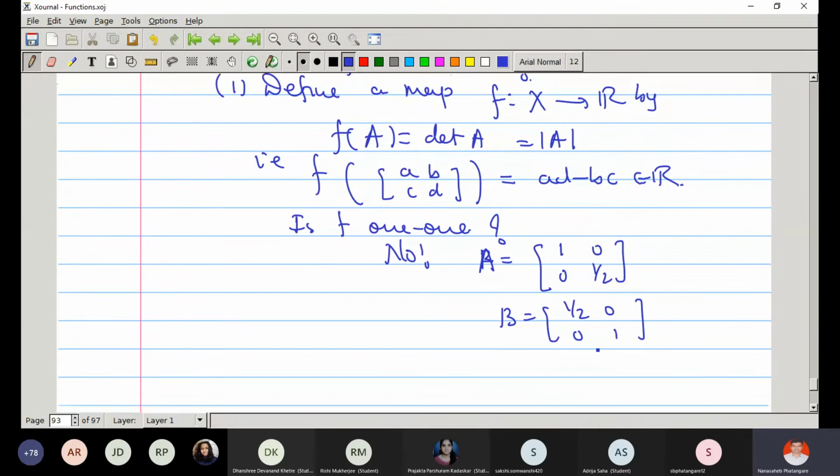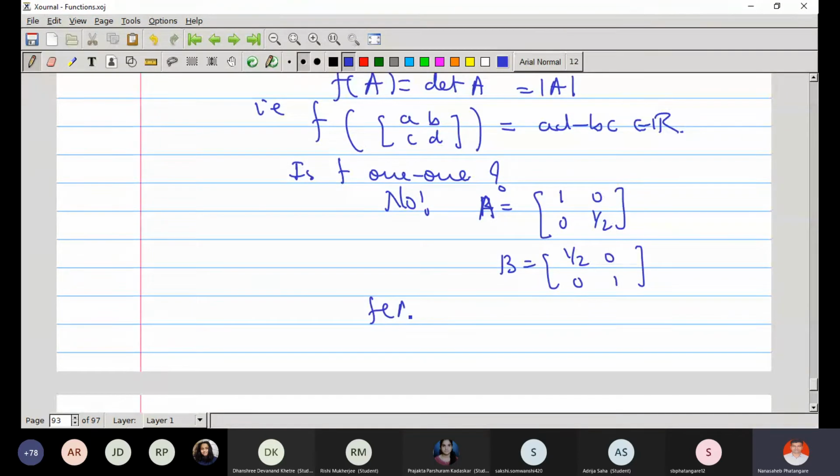These are two different matrices, but what is f of A? 1 by 2. And what is f of B? 1 by 2. So A is not equal to B. Two elements in the domain are unequal, but their images are equal. So this function cannot be one-one. Is it clear?